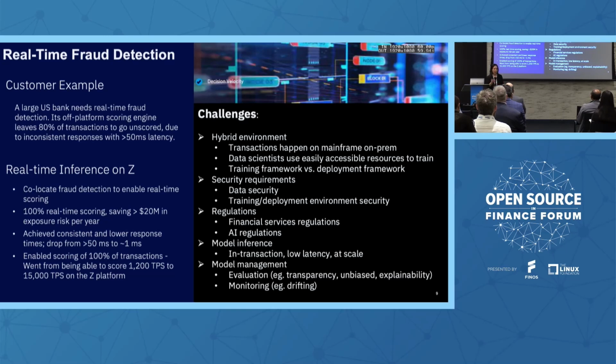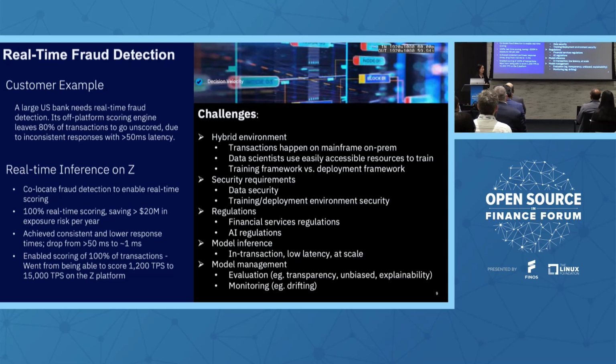The time may vary depending on the time of day and things like that. So they couldn't do that for every transaction. They could only score about 20% of their transactions, which means they couldn't catch every fraud case beforehand.